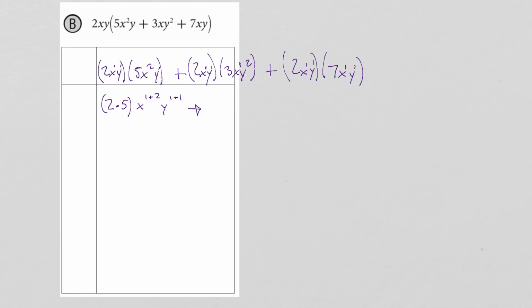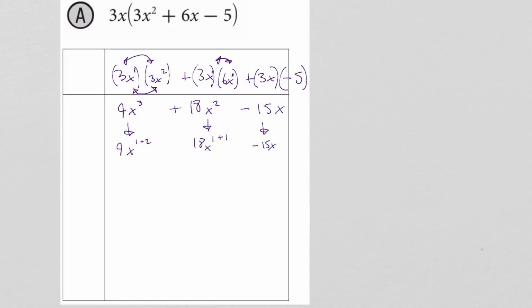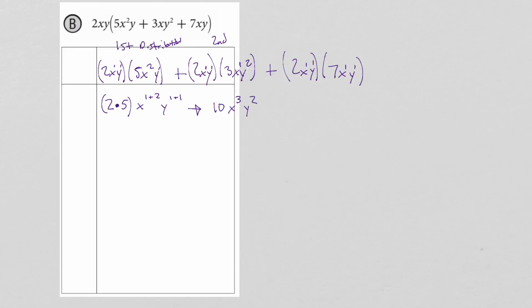So 2 times 5 is how many? It's 10. And then x to the 1 plus 2 is x to the third. And then y to the 1 plus 1. So that's one term: 10x to the third y squared. So we took care of this first distribution. Now let's take care of the second one. Oops, I hit the page turning button.